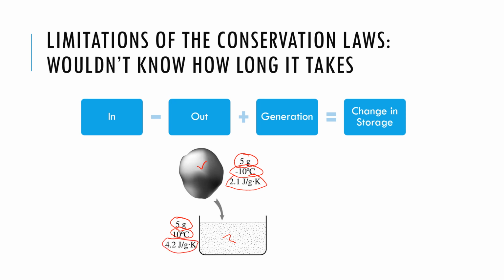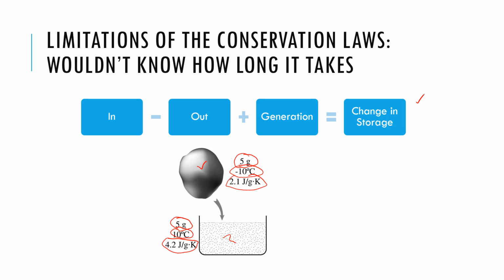By using the equation, in minus out plus generation equal to change in storage, we can exactly say what is going to be the final temperature of this system. So it's very powerful, but we will have no clue whatsoever about how long it is going to take to reach that final temperature.